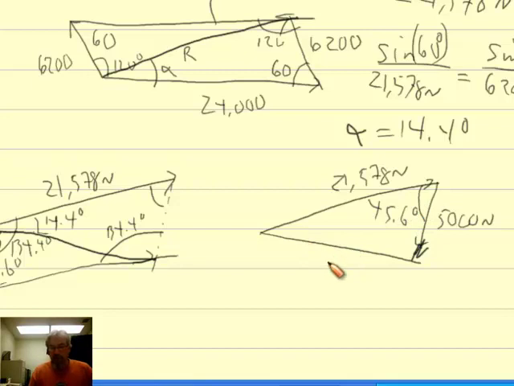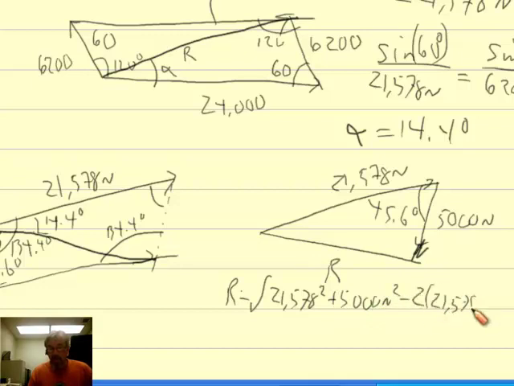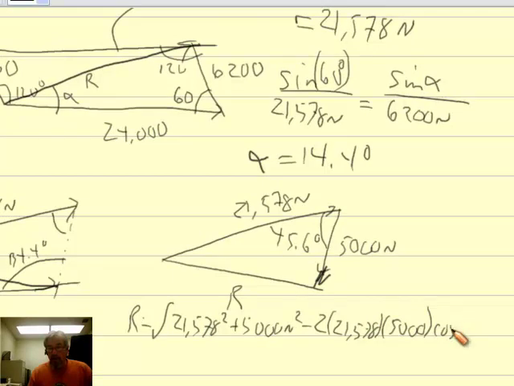So I want to find the overall resultant here, R, and I'm going to do that with the law of cosines. So the resultant is the square root of 21,578 newtons squared plus 5,000 newtons squared minus 2 times 21,578 newtons times 5,000 newtons times the cosine of the angle between them, which is now 45.6 degrees.